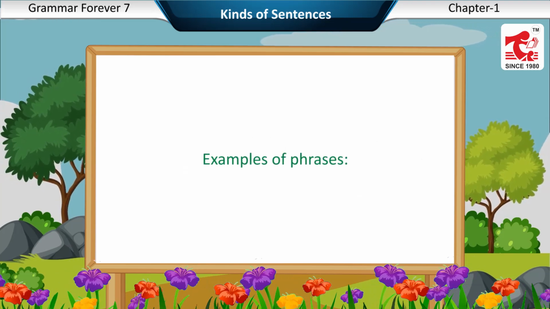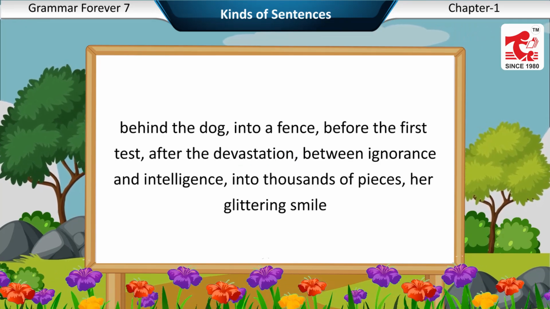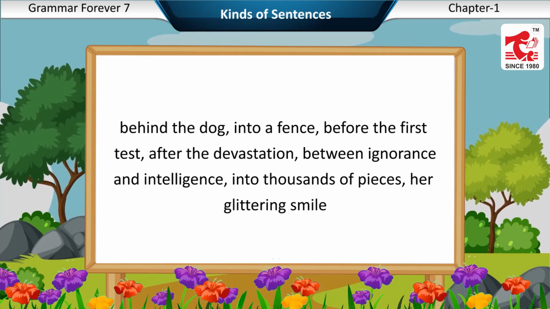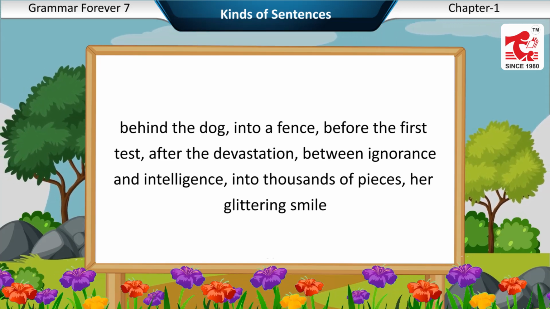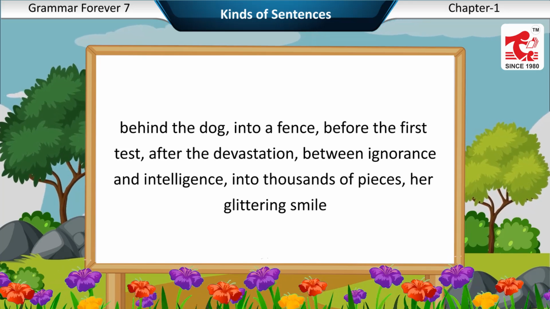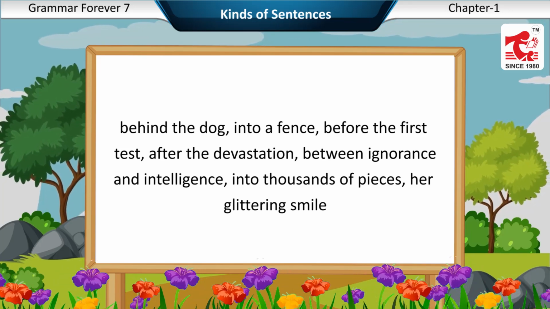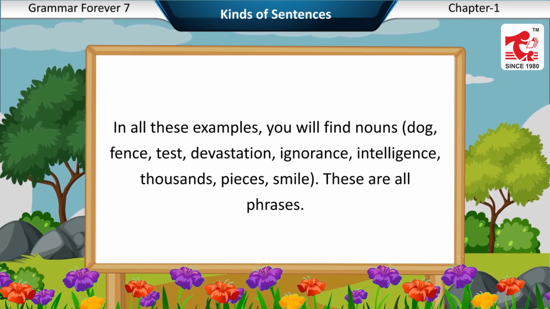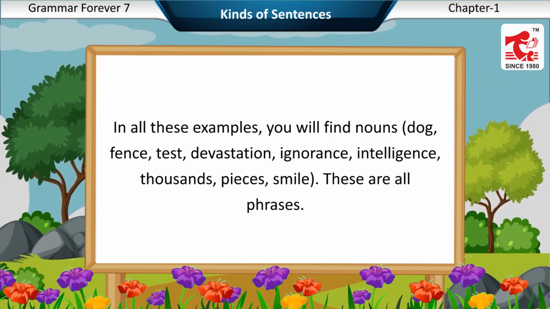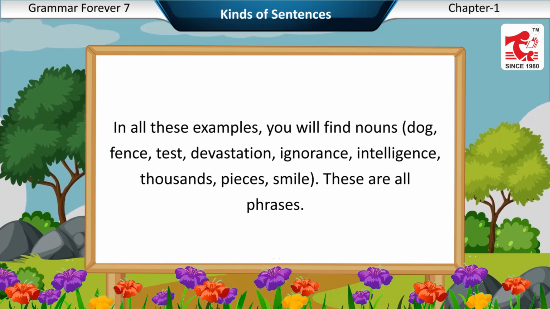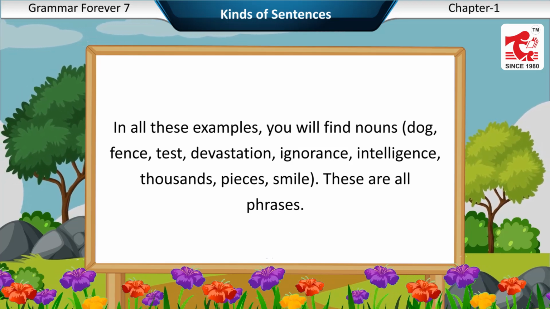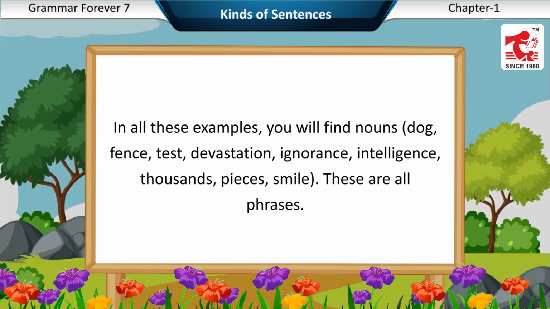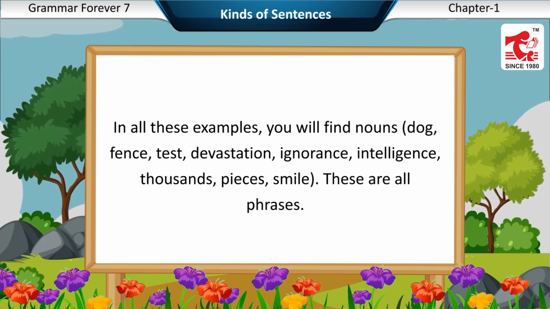Examples of phrases: behind the dog, into a fence, before the first test, after the devastation, between ignorance and intelligence, into thousands of pieces, her glittering smile. In all these examples, you will find nouns: dog, fence, test, devastation, ignorance, intelligence, thousands, pieces, smile.